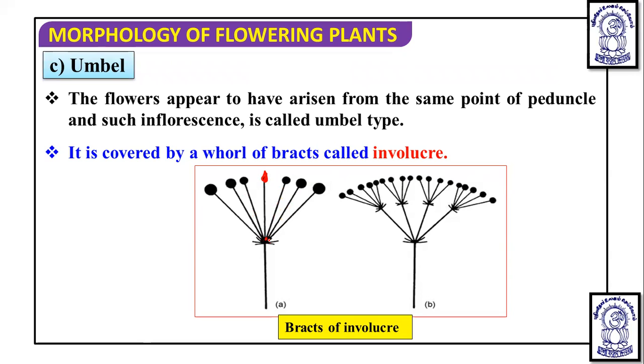And at the base of each node, you will find some small leaf-like structure. Here you will see this leaf-like structure. This leaf-like structure is known as bract, and the group of bracts is known as involucre. Okay, so it is an umbel.